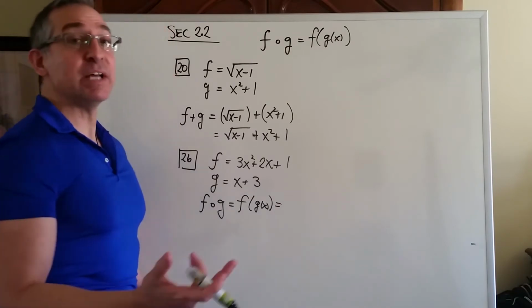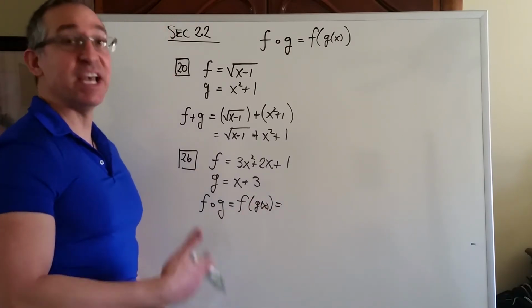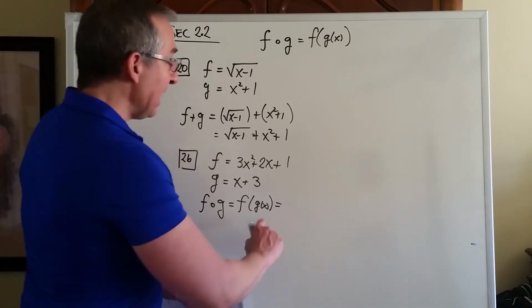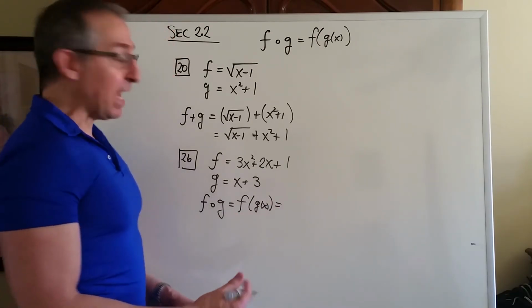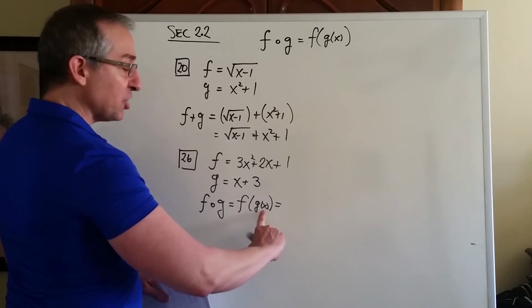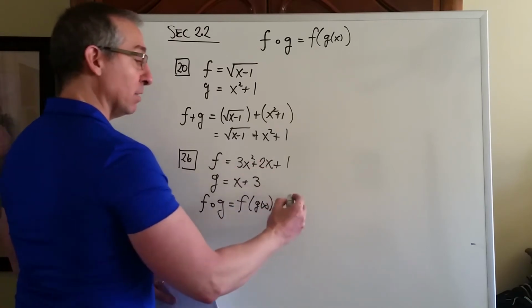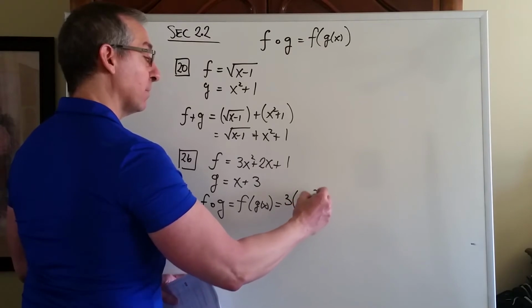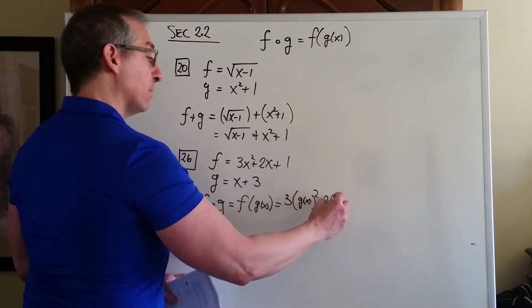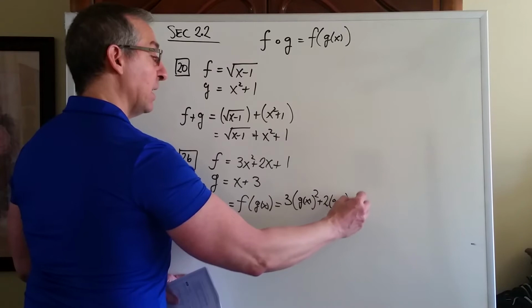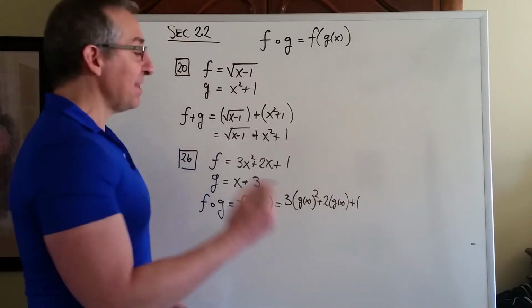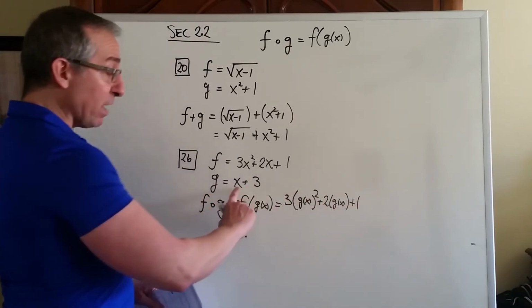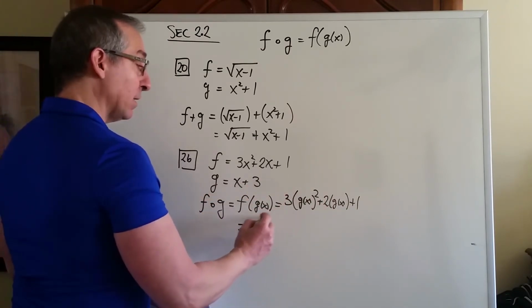Okay, here's what I'll do. I'll say it over and over again, just so when we go back and look at this later, we know what we were thinking. Let me do it symbolically first, okay? Let me actually drop the function g of x into f of x. It'll look like this. Then, in the next step, actually replace the g of x symbol with what it represents, which is x plus 3.